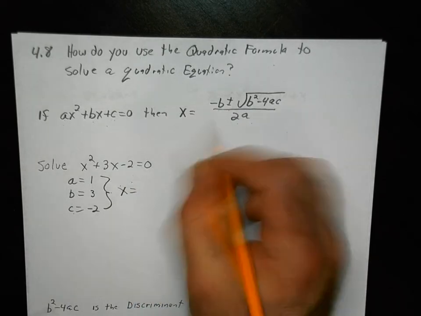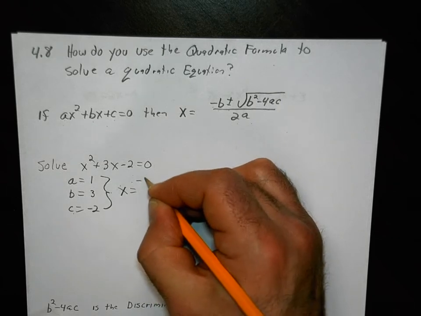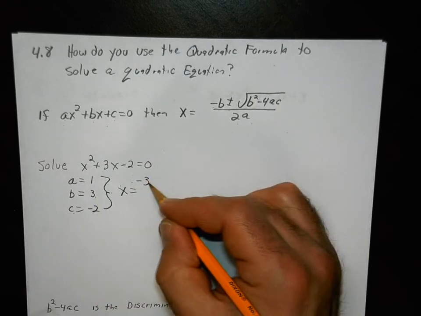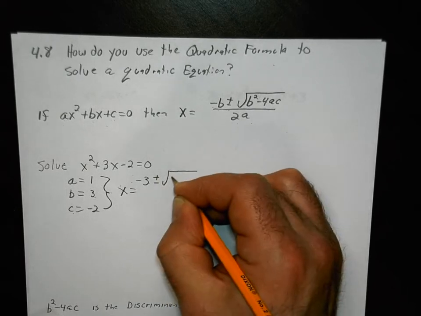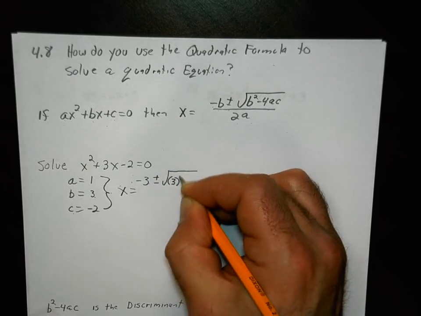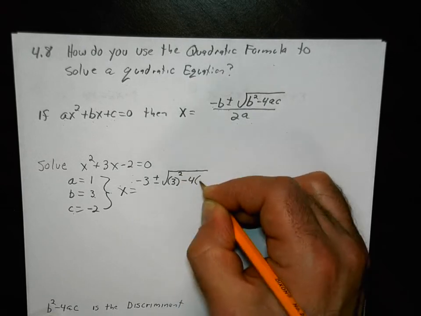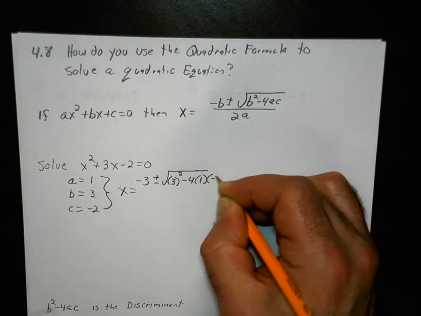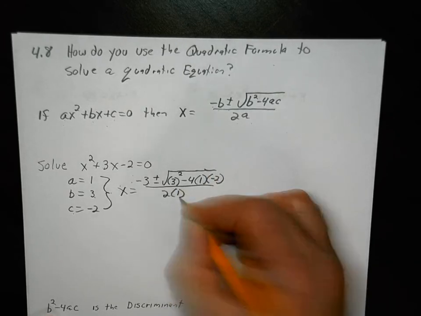So I get negative b, so that's the opposite of b, so the opposite of 3 is -3, plus or minus the square root of b squared, make sure you put that b in parentheses, minus 4 times a times c, all over 2 times a.